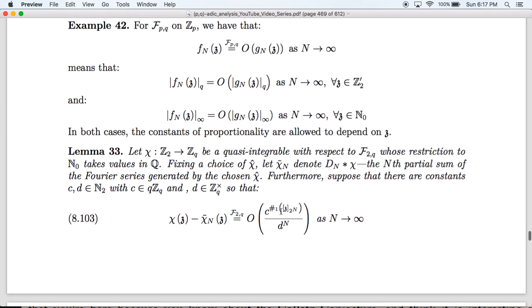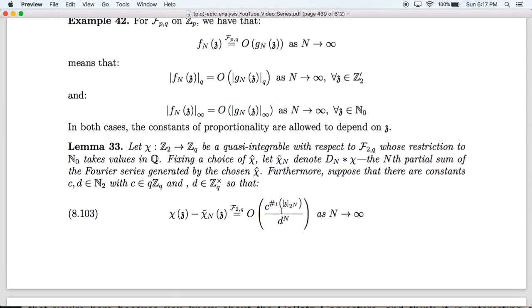And now here's the big lemma. Let chi be Q,q-adically quasi-integrable with respect to the simple frame, and suppose the restriction of chi takes rational values on N_0. Fixing a choice of Fourier transform of chi, let chi-tilde_n denote the nth resummation of chi using that Fourier transform.